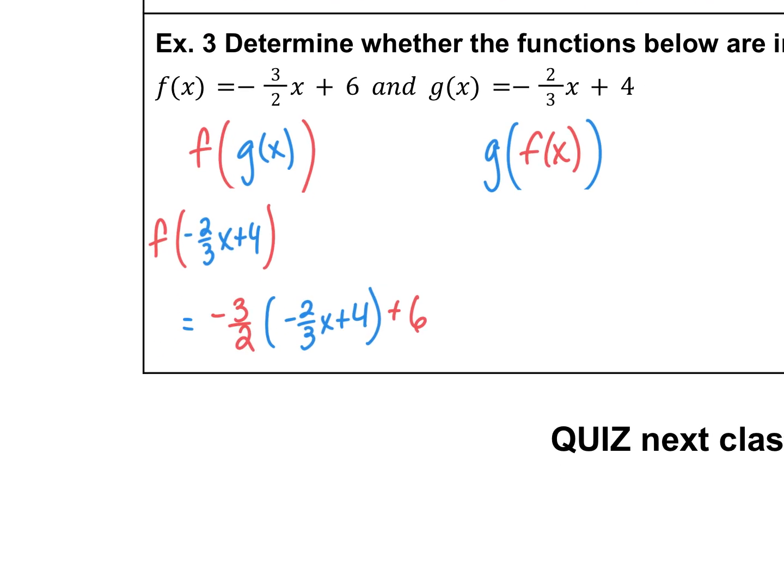Okay, so we distribute here. What is negative 3 over 2 times negative 2 over 3x? Those fractions are reciprocals, aren't they? So wouldn't they just be a 1? Okay. What's negative 3 over 2 times 4? It'd be negative 12 over 2, right? Which simplifies to negative 6. And then we add that 6. And if I simplify this, I'm left with x, which is what I wanted.